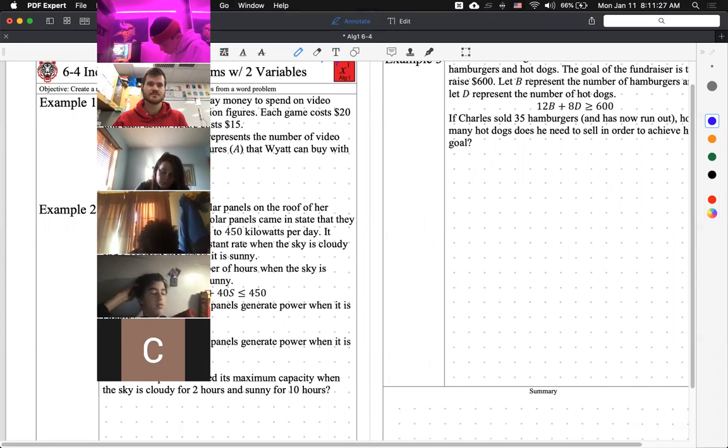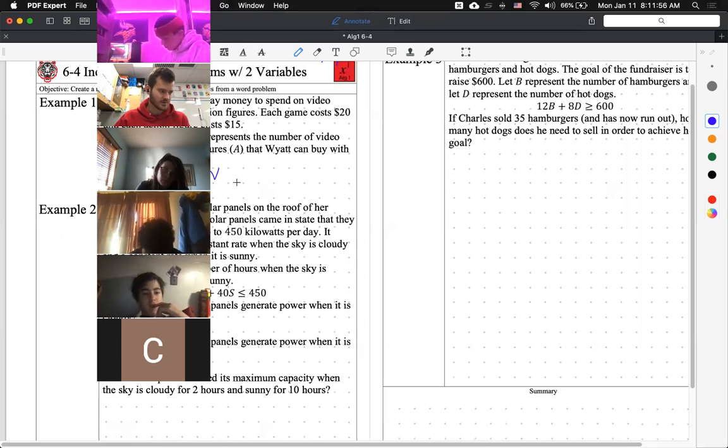Would it be like 134 has to be greater than or equal to like 20A or 15V, or the other way around on letters? So 20V.